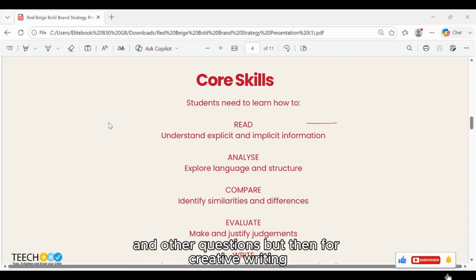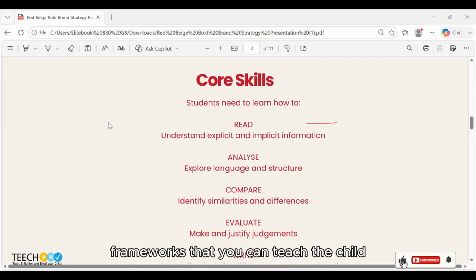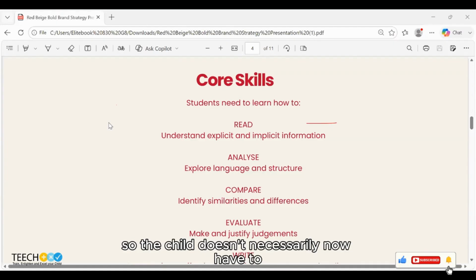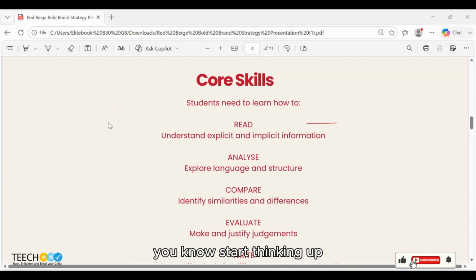But for creative writing, there are creative writing frameworks that you can teach the child. So the child doesn't necessarily have to start thinking up ideas in isolation. They already have a framework that helps them generate those ideas in their mind and then put them down constructively.